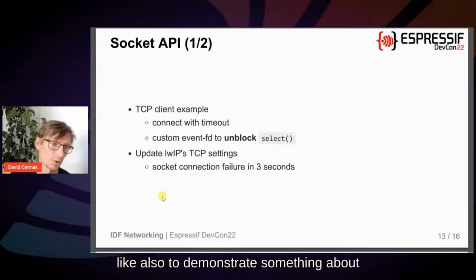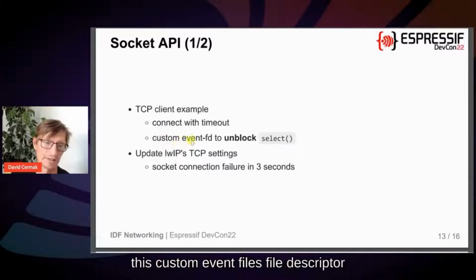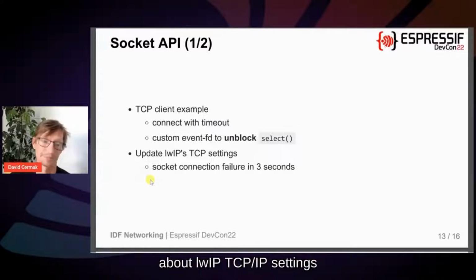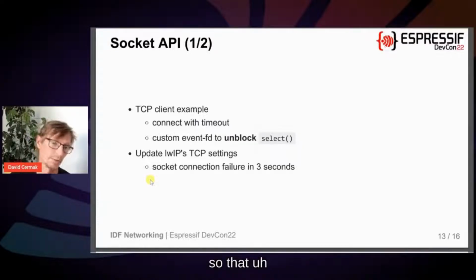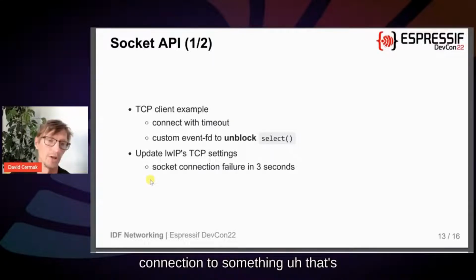I would also like to demonstrate something about this custom event file descriptor to unblock a select which is blocked on something, and perhaps talk about some more LWIP TCP/IP settings, so that connection to something that's not there could fail really quickly.